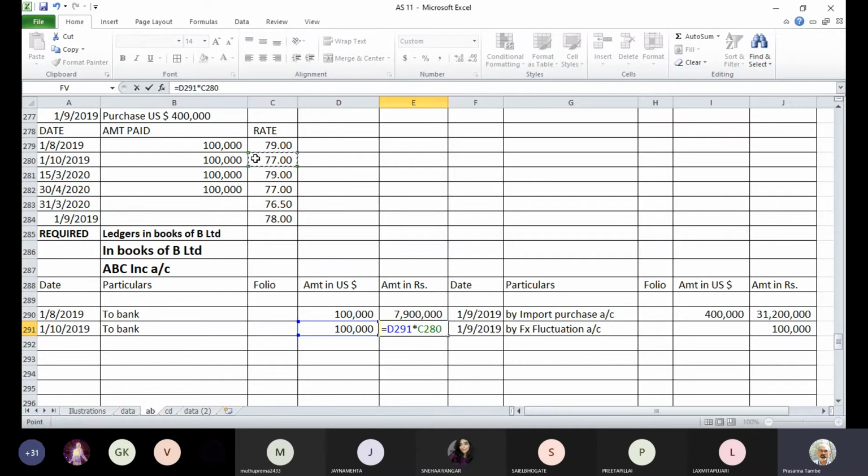So we remitted 77 lakhs in Indian rupees, equivalent to $1 lakh. And we are going to account for a gain of 1 rupee. So that gain of 1 rupee amounts to 1 lakh rupees. That will be transferred to FX fluctuation account. The same day that gets transferred to FX fluctuation account.